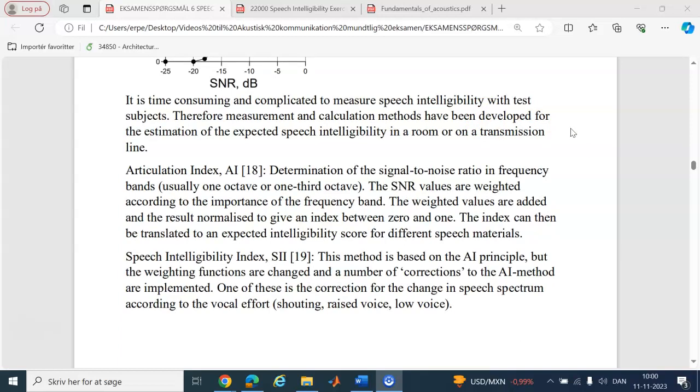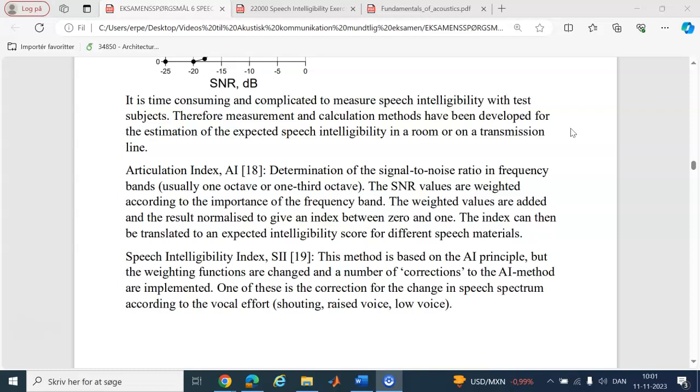The weight values are added and the result normalized to give an index between 0 and 1. The index can then be translated to an expected intelligibility score for different speech materials.